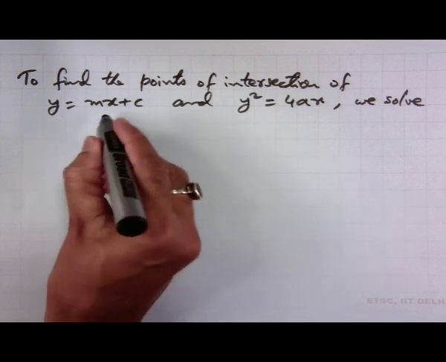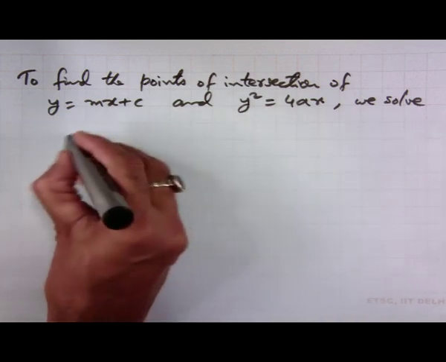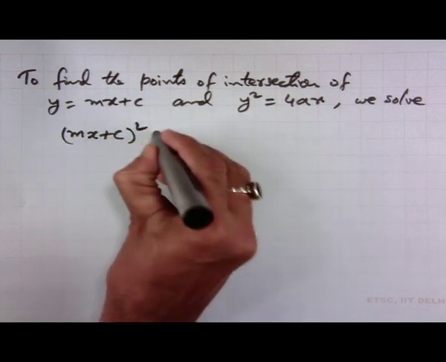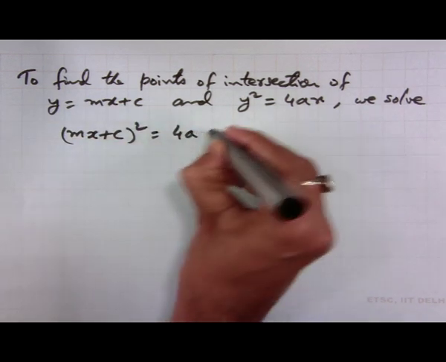We put y equal to m x plus c in the equation of the parabola, then we get (m x plus c) squared equal to 4 a x.